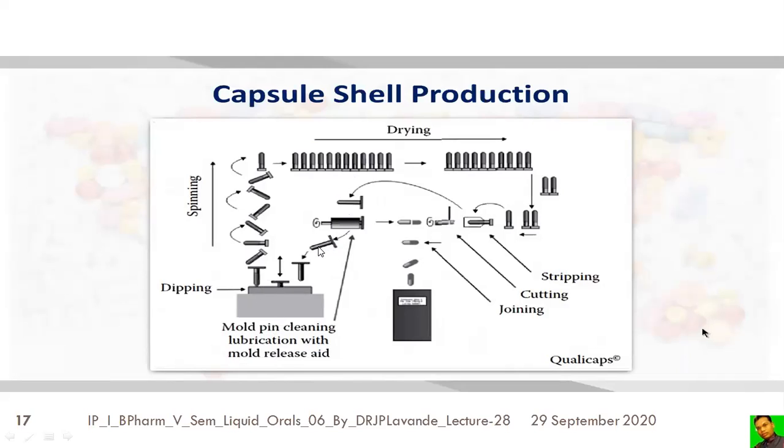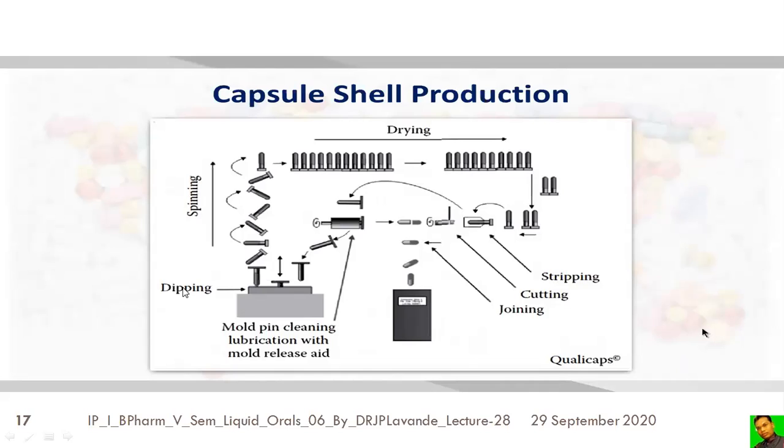The fresh pins are dipped and pass through different steps: dipping, spinning, drying, stripping, cutting, joining, and then we get the capsule.